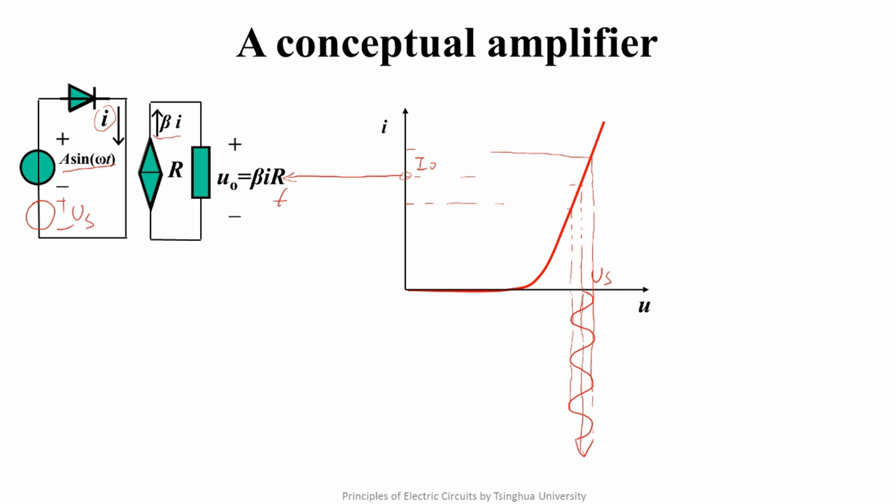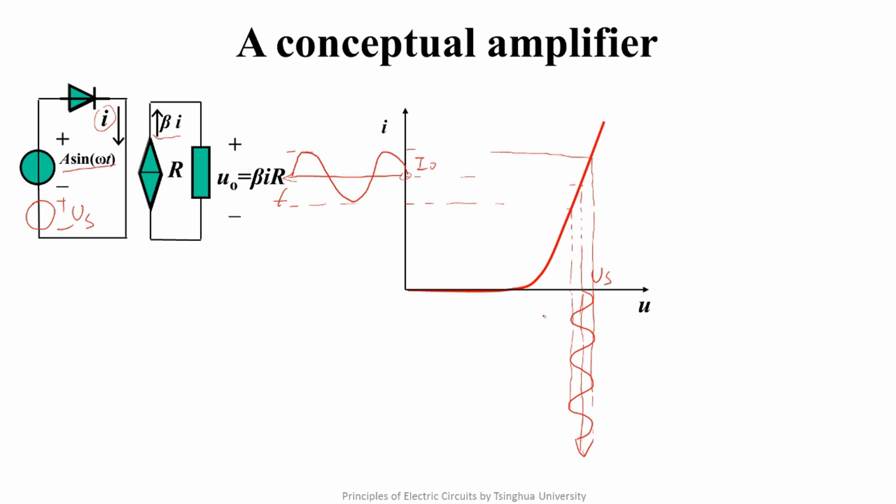When the input increases to the maximum, the output increases to the maximum accordingly. That is to say, the output is such a waveform. You can see, because the slope here is large, we can realize the signal amplification from the input to the output. Now the input and output signals are superimposed with the DC.